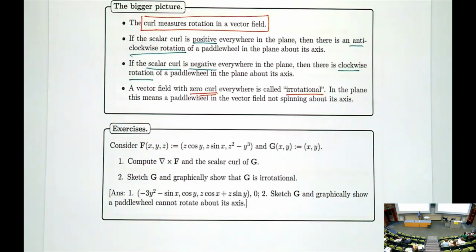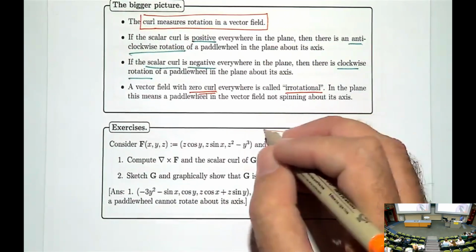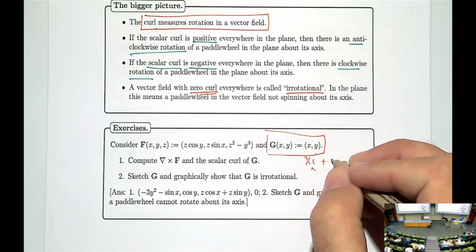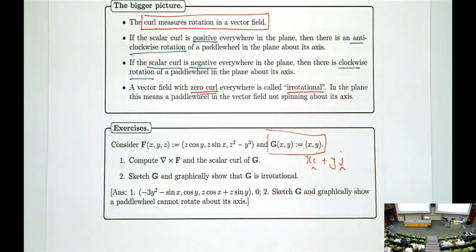All right, let's look at the last one. Here's another example. Our old friend from before, xi plus yj.